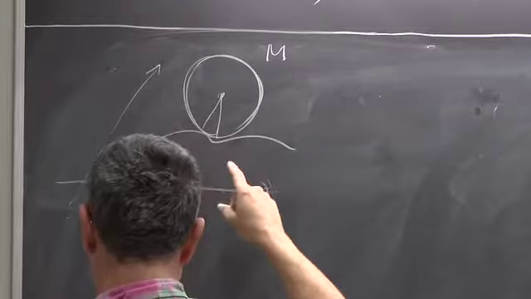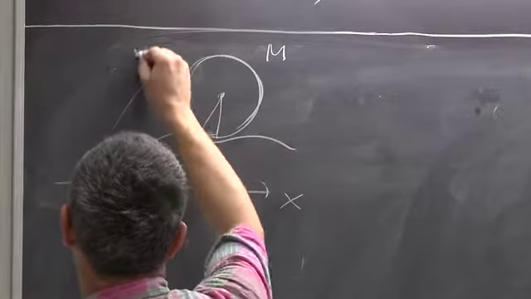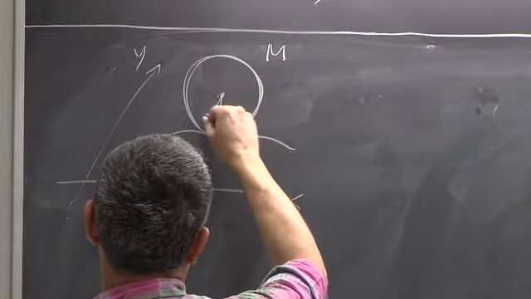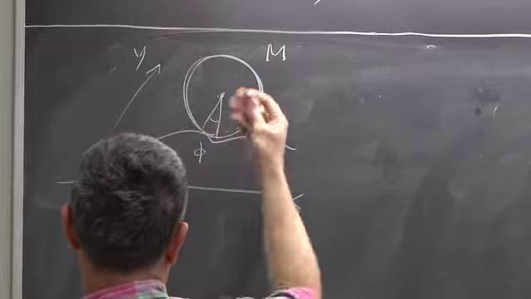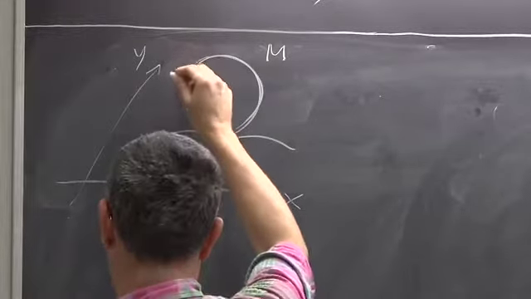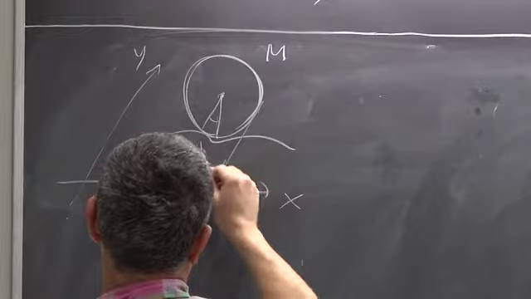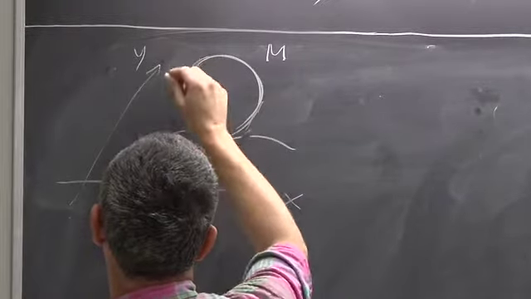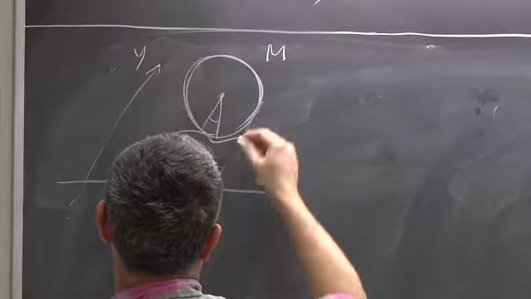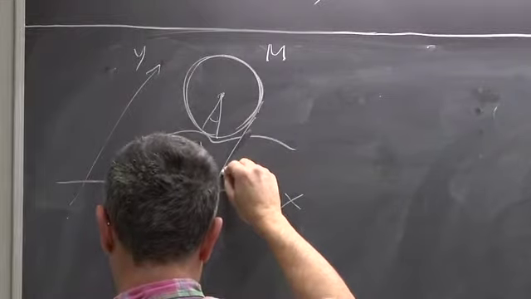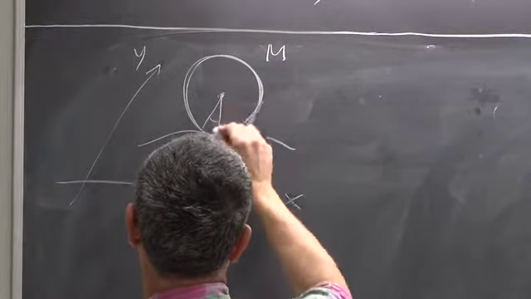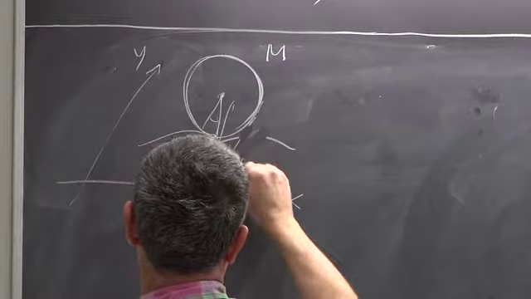Okay, so we need what? We need x and y for the position of, say, the center of mass. Then we need an angle on the disk, let's call it phi, and then we need an angle that gives me, say, for instance, the angle with respect to the x, through the center of mass, through this point here, something like this, theta.